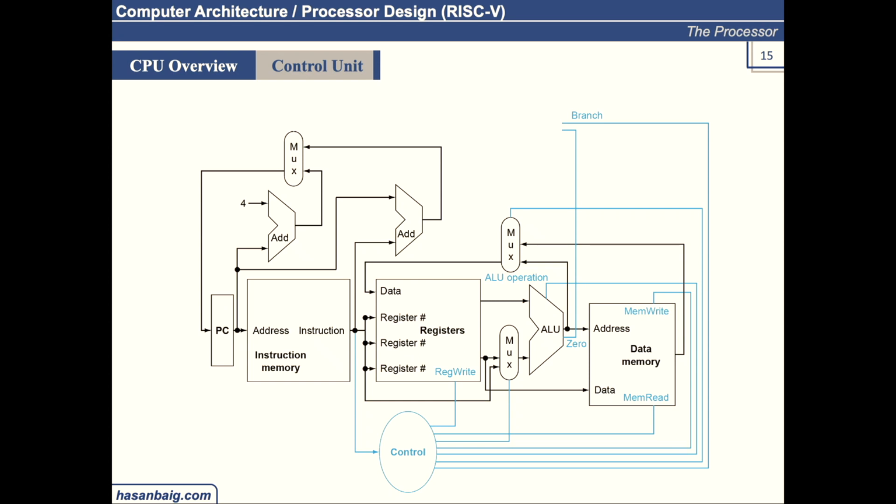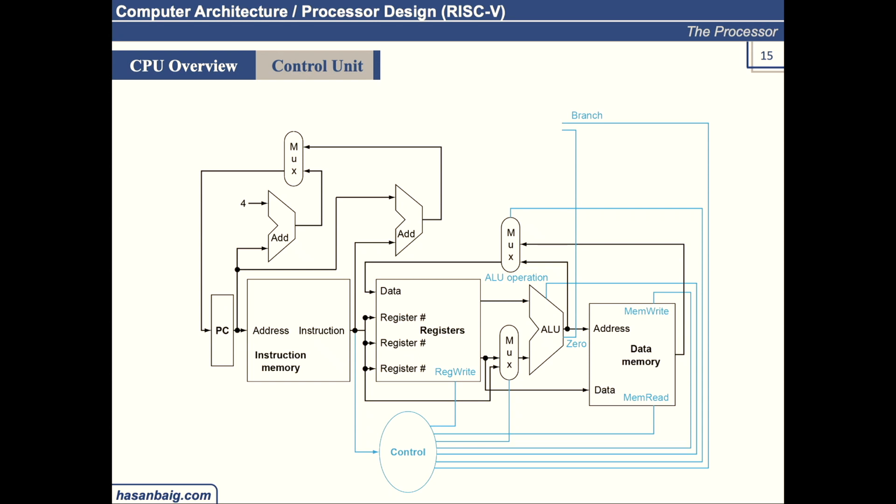Based on the opcode or the instruction, it will generate the signals accordingly. So for example, if it is an R-type instruction, an add instruction, what do you think the value of the reg write signal would be?